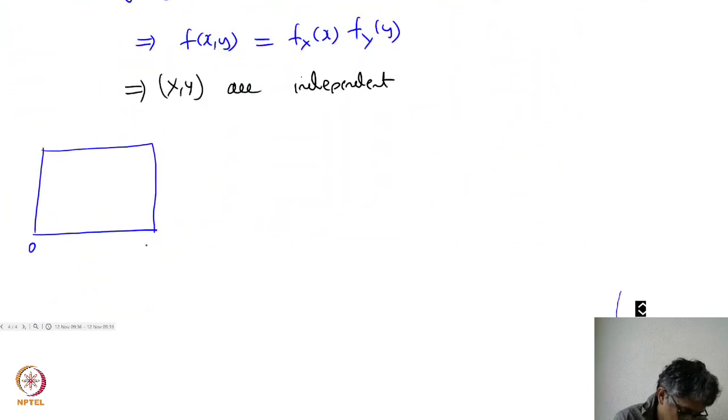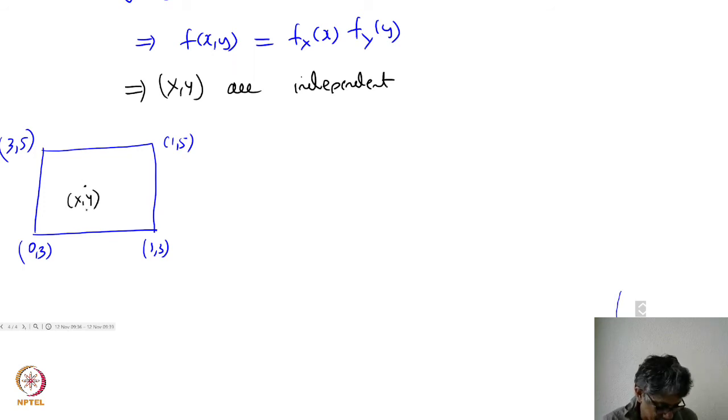The corners are 0, 3, 1, 3, 1, 5 and 0, 5. And what did I do? I picked an x and a y uniformly; it was a uniformly chosen point in the domain. So x and y were uniform in the domain. What does this calculation tell you?